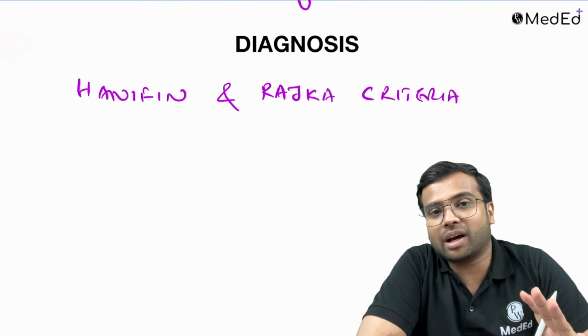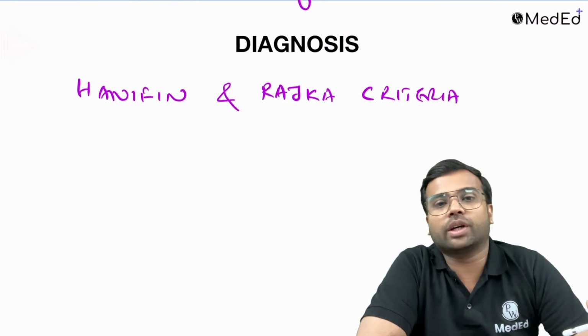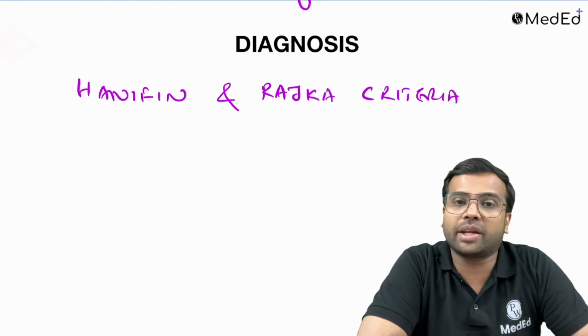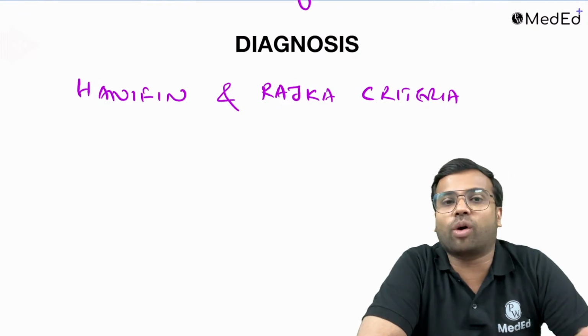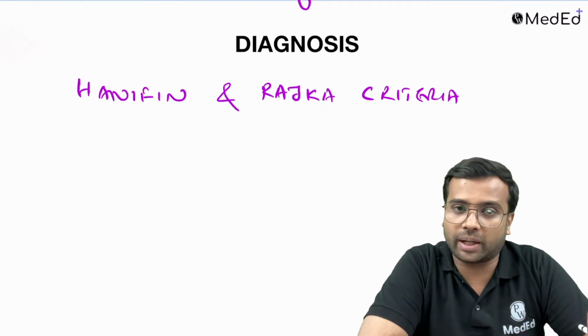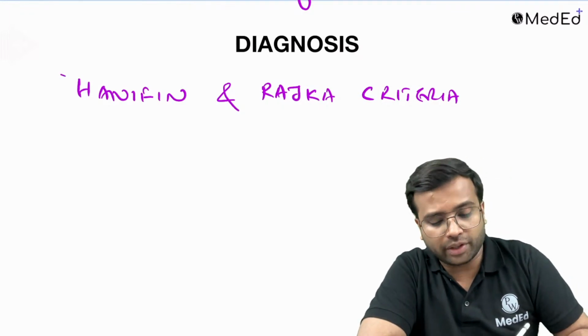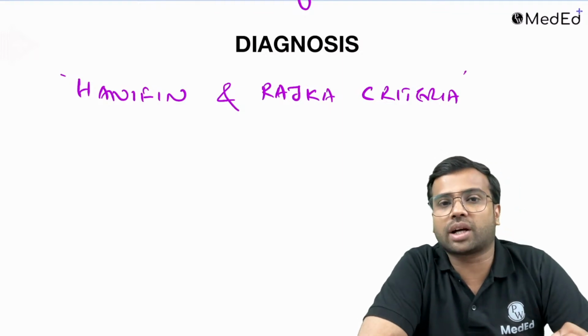In fact, this criteria was made in the 1980s, after which the UK health system as well as the American Academy of Dermatology made some modifications according to their regions so that it fits well. Even in India, the Hanifin and Rajka criteria is followed.